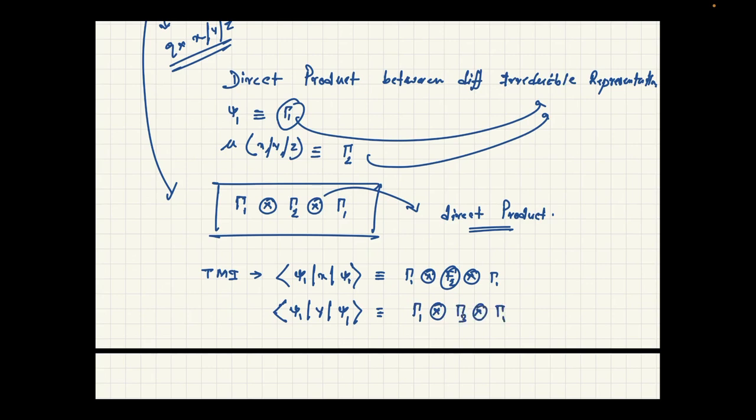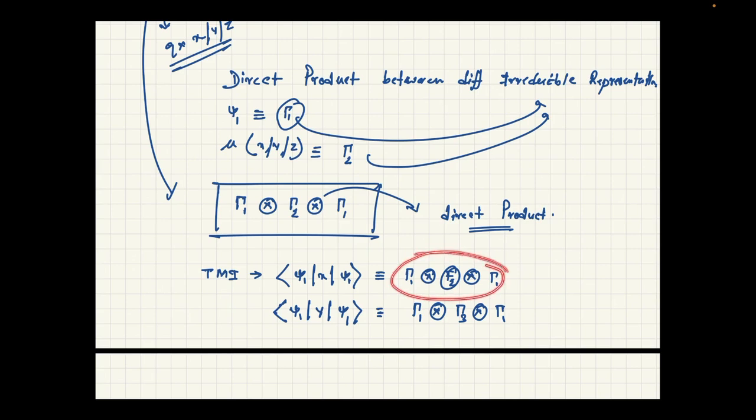So now if this direct product gives us a totally symmetric representation, then the TMI integral will be non-zero and the transition will be y allowed. If you use a y polarized electromagnetic field, then the transition will be allowed, otherwise it will be forbidden along the y direction.